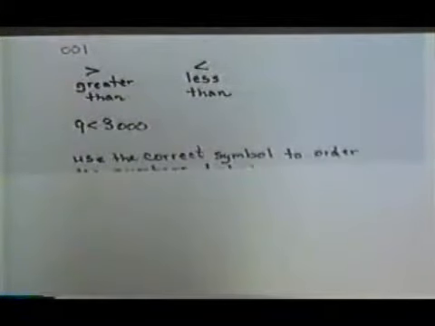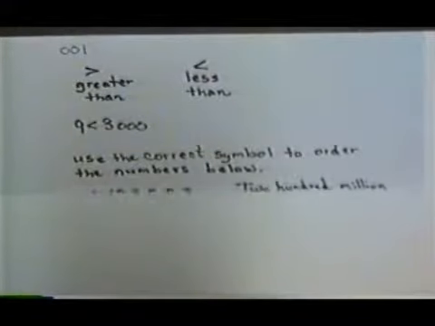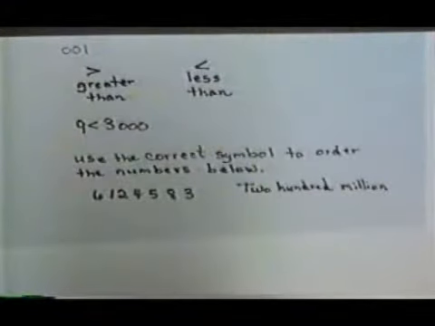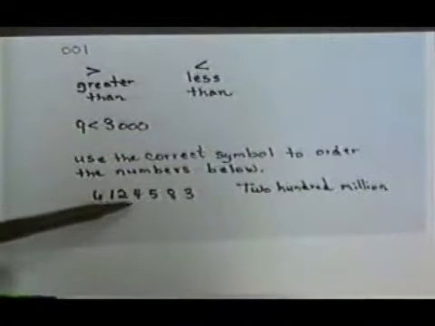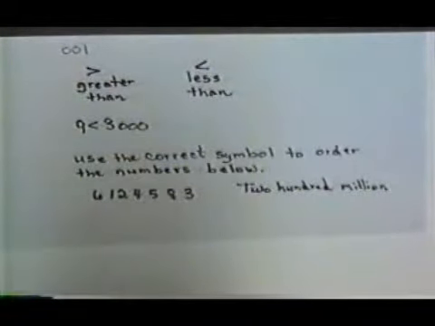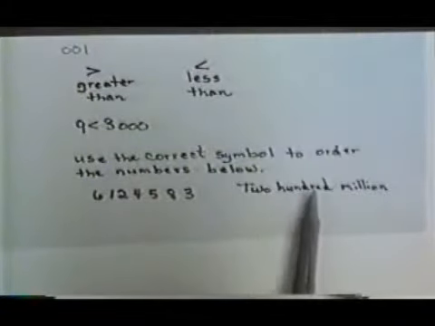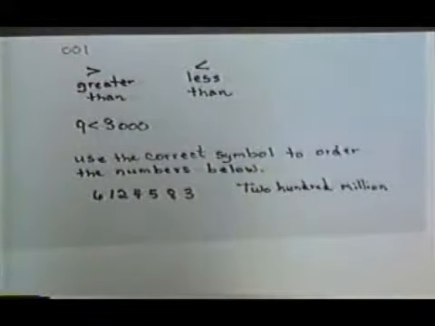Now, let's use the correct symbol to order the numbers below. So suppose we had this number to work with, 6,124,583, and then 200 million. And we want to compare those two numbers.